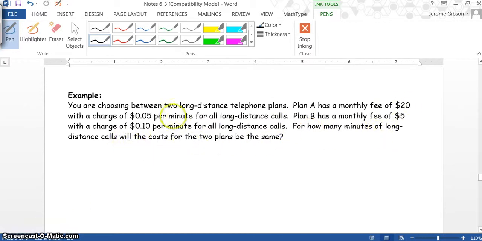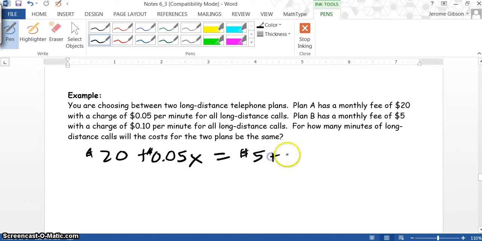So we would set the two expressions equal to each other. So plan A is $20 plus we will have 5 cents per minute. So x would be the minutes. And that's equal to, we would have $5 plus 10 cents per minute.